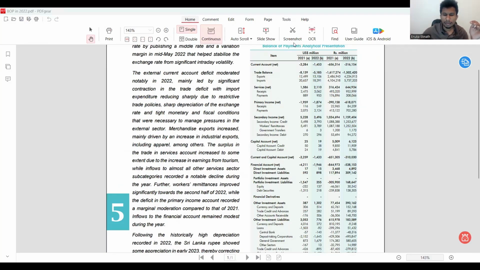In the balance of payment, the payment part will be much higher compared to the primary income receipts, like in this case. So that is what has happened in this BOP as well. The payment part is significantly higher compared to the receipts. So that could be a possible downside of this. So let's go back to the question.